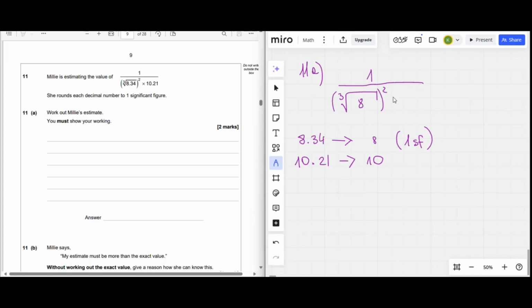So there is 8 times 10. So it's 1 over. The cube root of 8 is 2. To the power of 2 is 4. Times 10 is 40. And that's it.